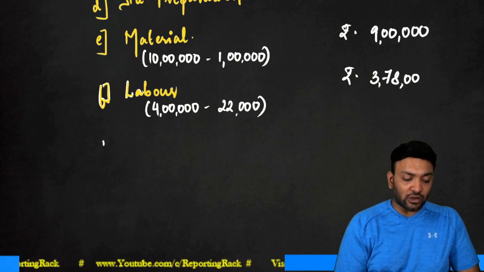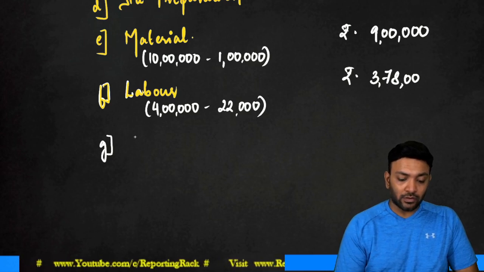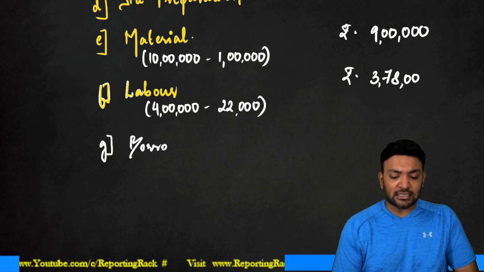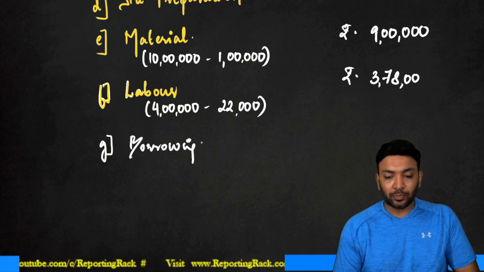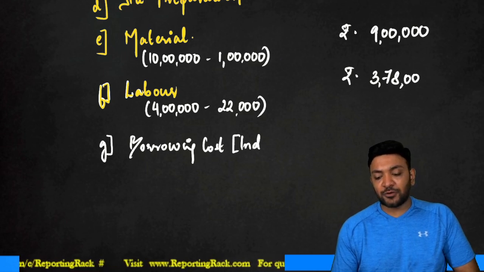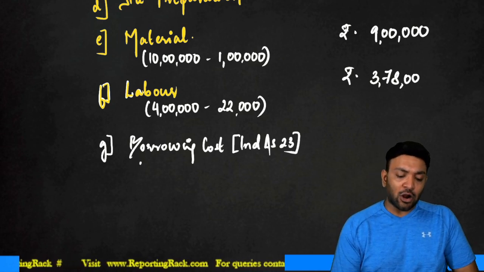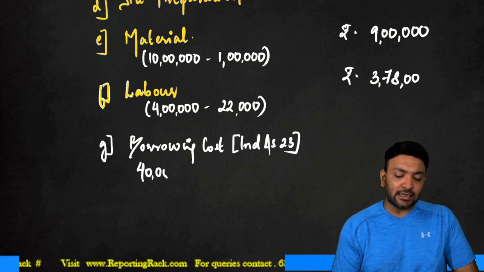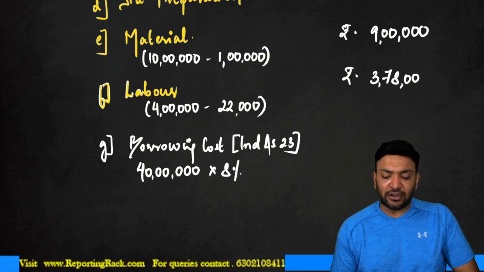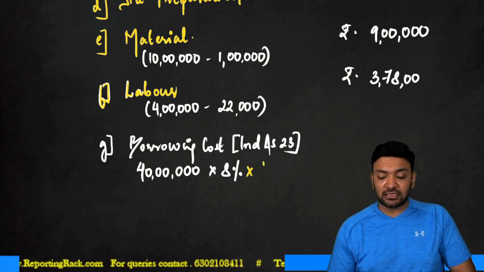Yes, guys, so we are talking about the concept of borrowing cost eligible to be capitalized. As per Ind AS 23, amount is 40 lakhs multiplied by 8% rate of interest for approximately 9 months.